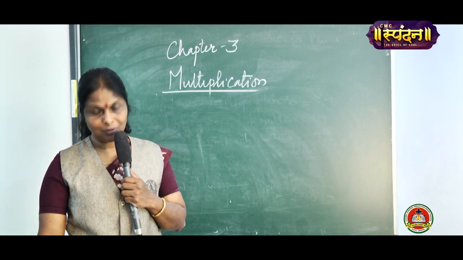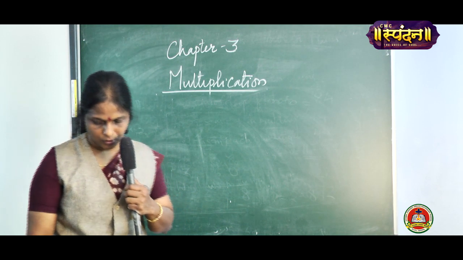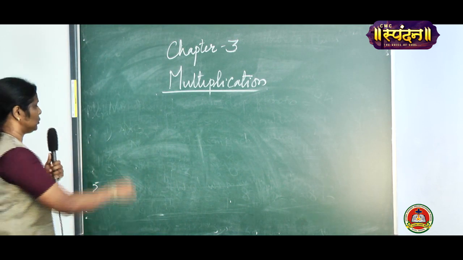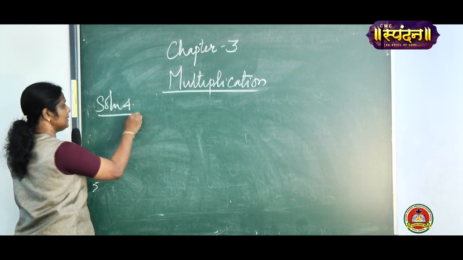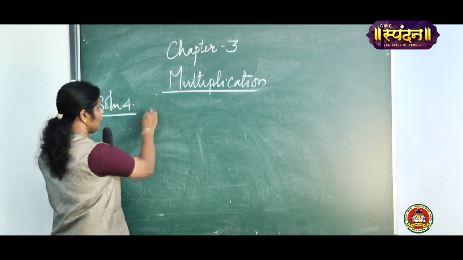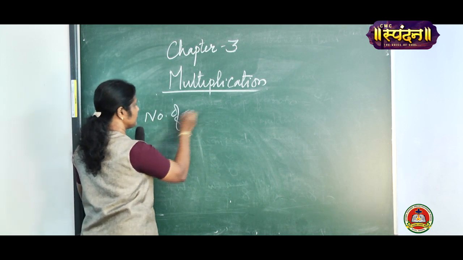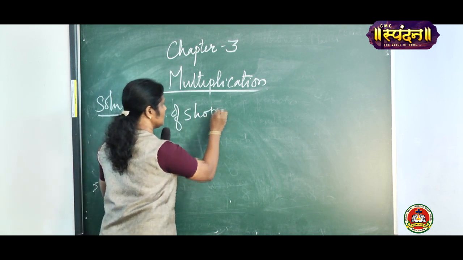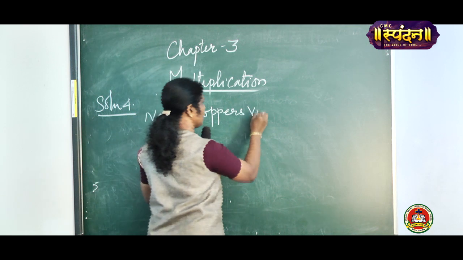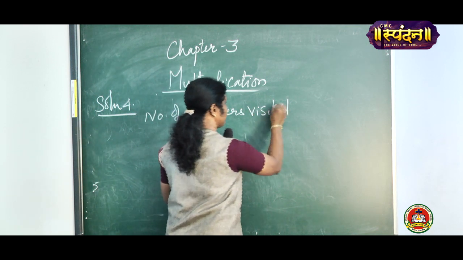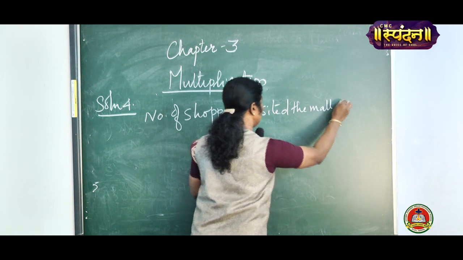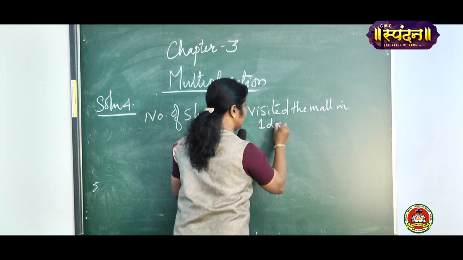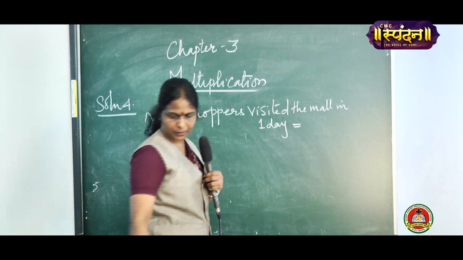So before that we will write the statement. First we will write the statement, that is, the number of shoppers who visited the mall in one day. What is the number of people that visited the mall?